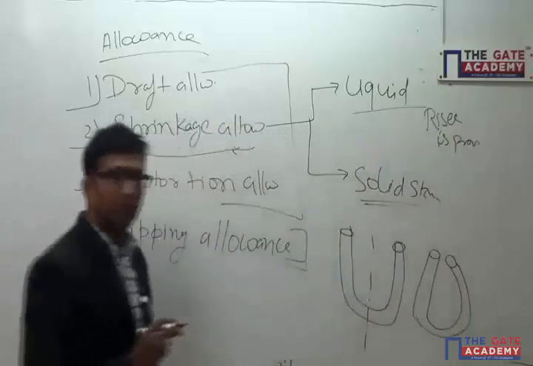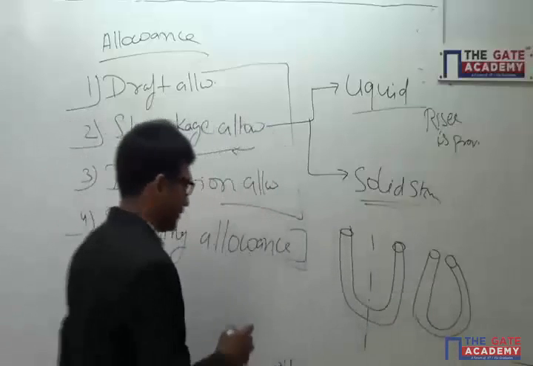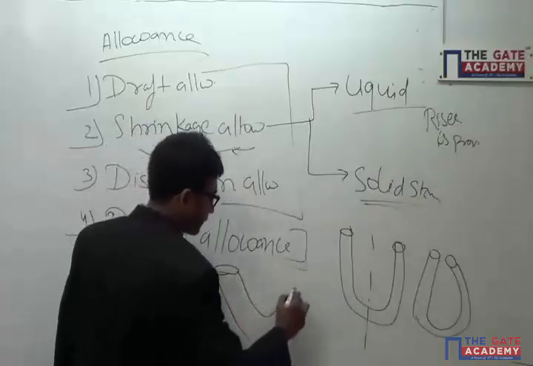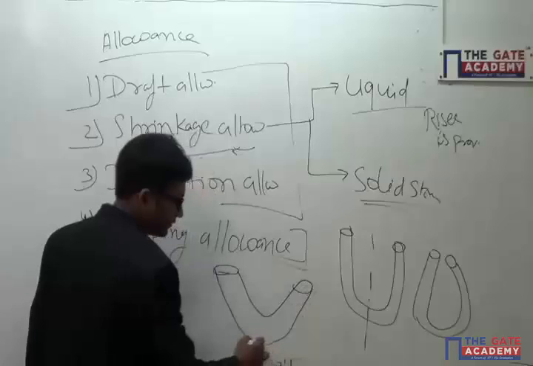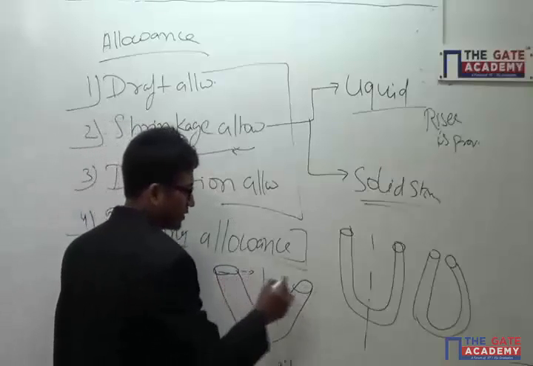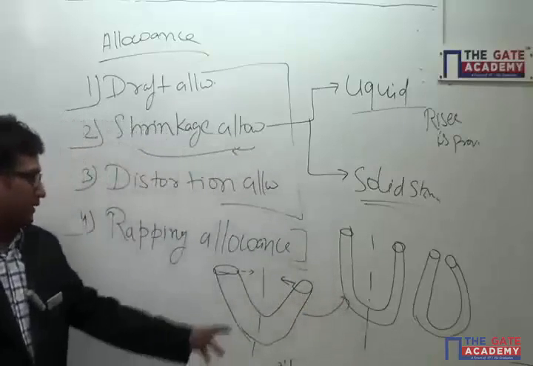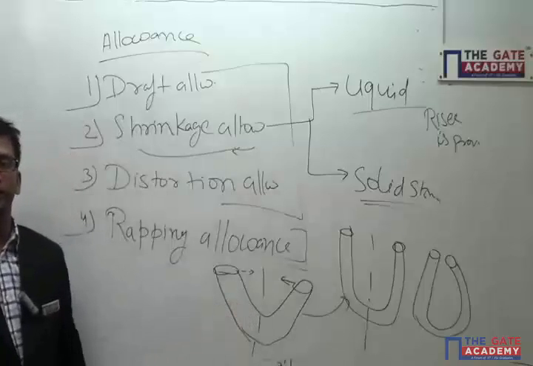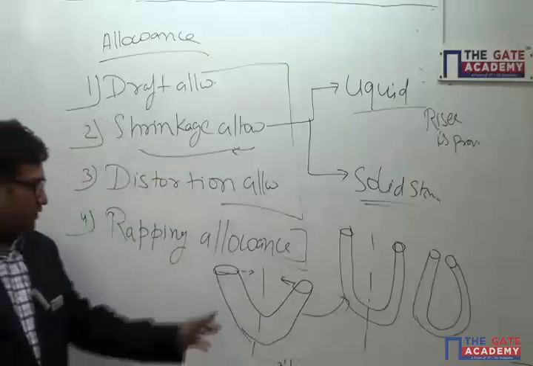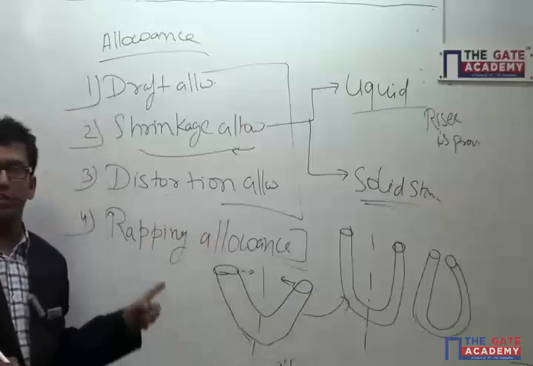This will not happen if we make this kind of arrangement. If my material tries to come in this position, it will remain straight. So some extra material is needed to make this arrangement. That is called your distortion allowance, because of center line distortion, it is given to your material.